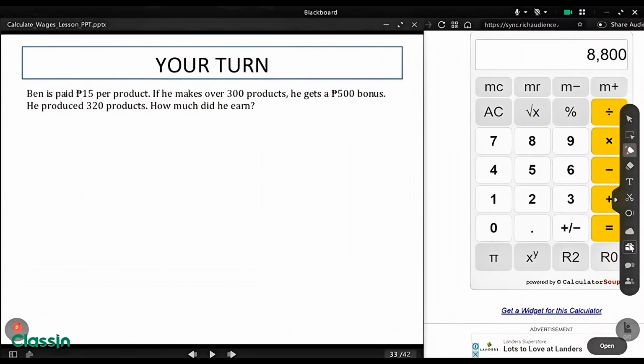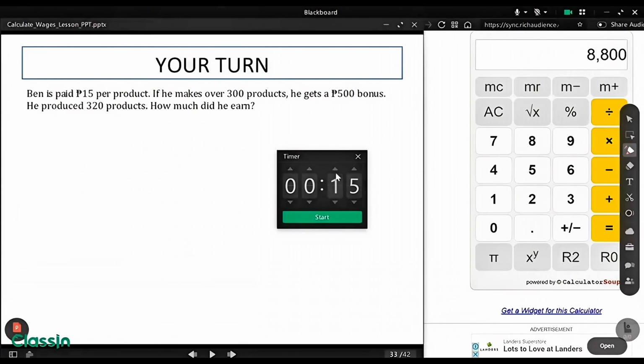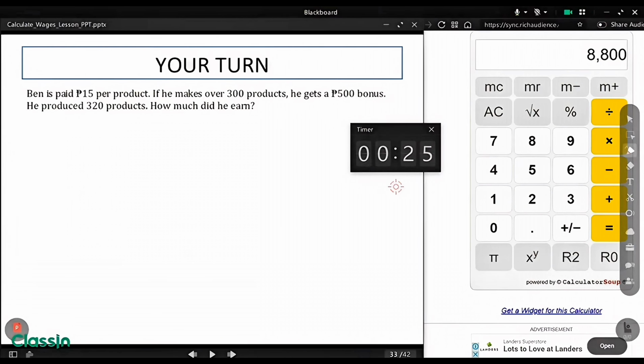Can you try to do this for 25 seconds? Your timer starts now.